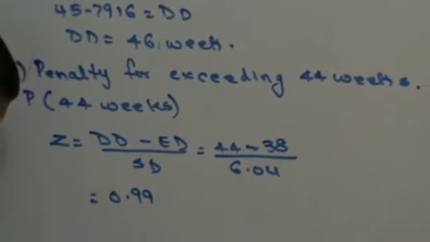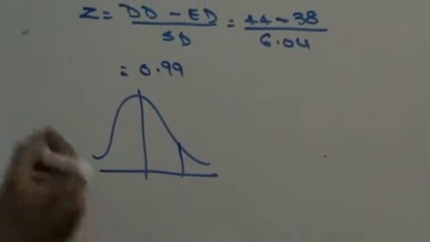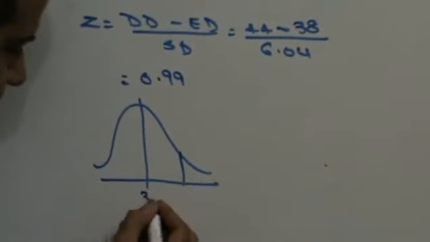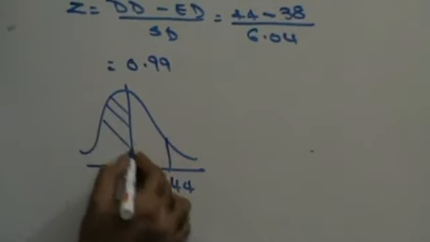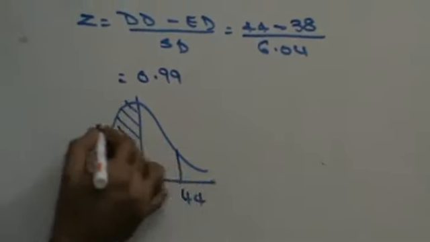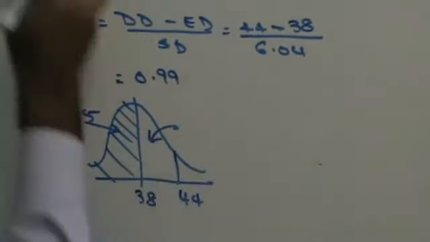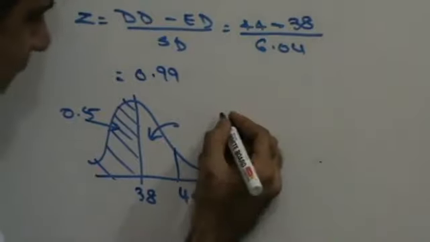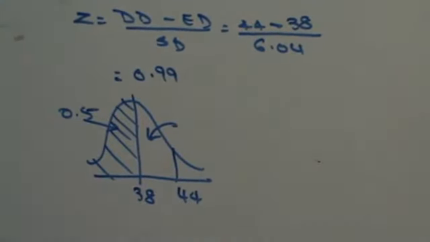Now, that means if I were to show you this with my bell curve, this is going to be my 38 weeks. This is going to be 44 weeks. This area I already know half the bell curve is 0.5. I want to find out this area, for which I have to look at 0.99 in the column.